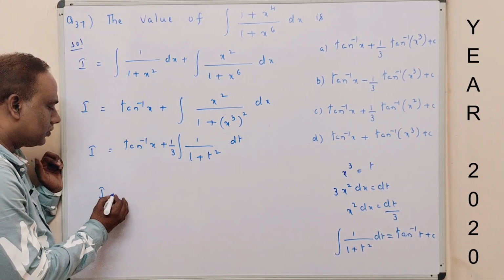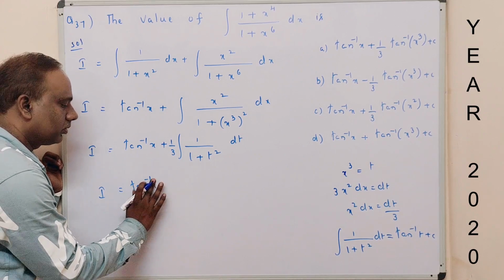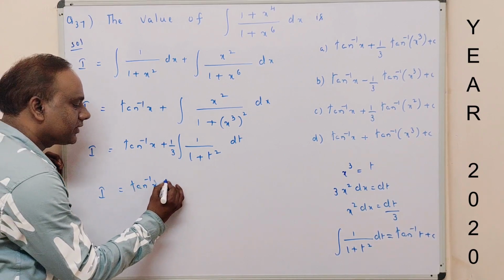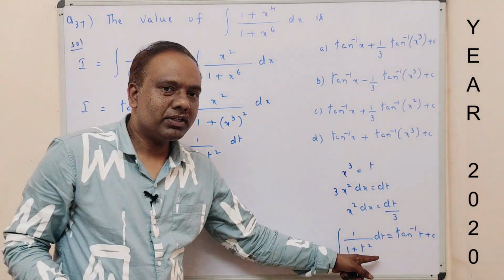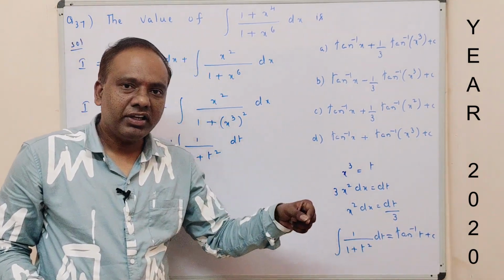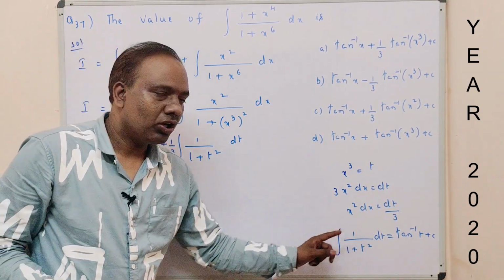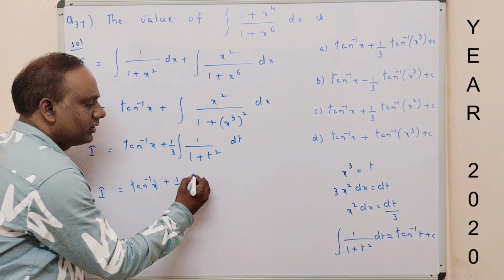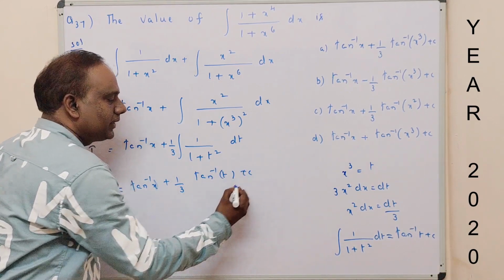Now I is equal to tan inverse of x plus 1 by 3 times the integration of 1 by 1 plus t square. Just like the integration of 1 by 1 plus x square is tan inverse x, it is in terms of t now, so it is tan inverse of t plus c.